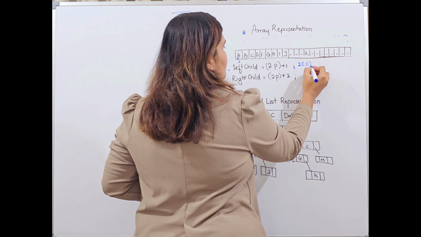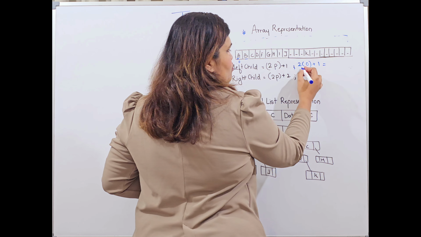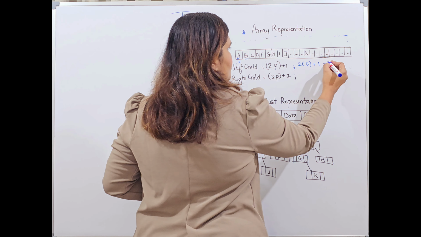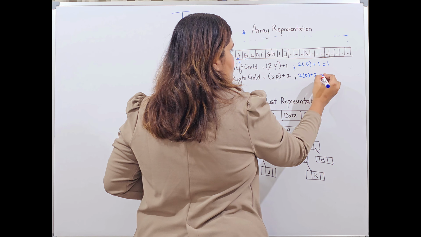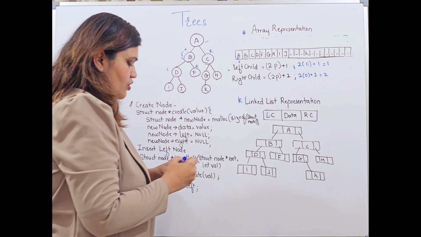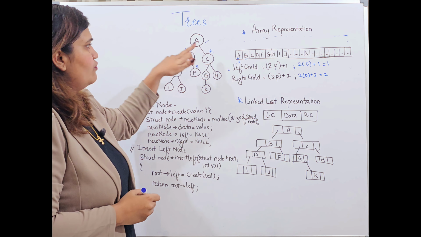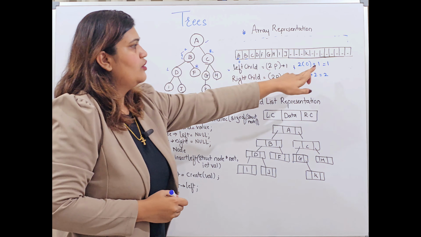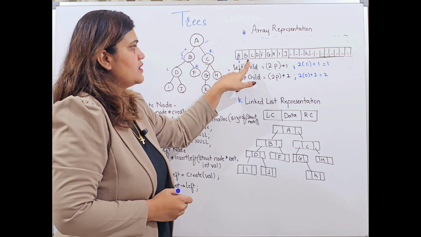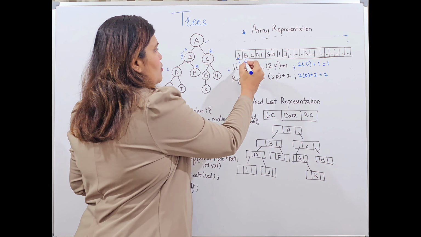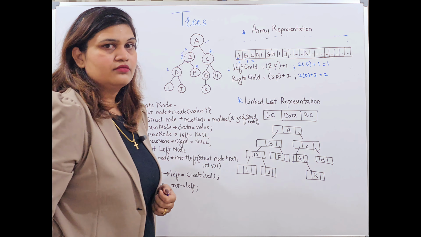So 2 of 0 plus 1, that is 2 of 0 is 0 plus 1, that is 1. And also 2 of 0 plus 2, that is 2. So your left child for this particular node will be put at first index and your right child would be put at second index. Okay, 0, 1 and 2.